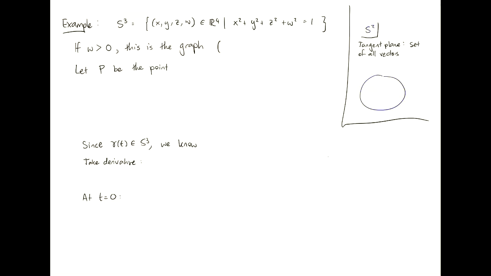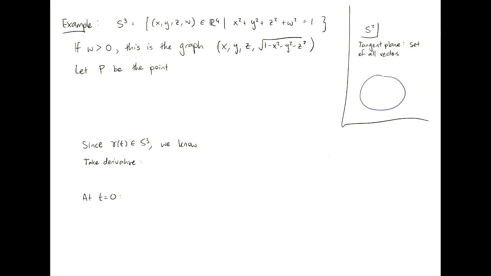So this can be written as a graph, x, y and z, and because W is positive, W is the square root of 1 minus x squared minus y squared minus z squared. So that is our surface. It's three-dimensional. It is in some sense of volume.